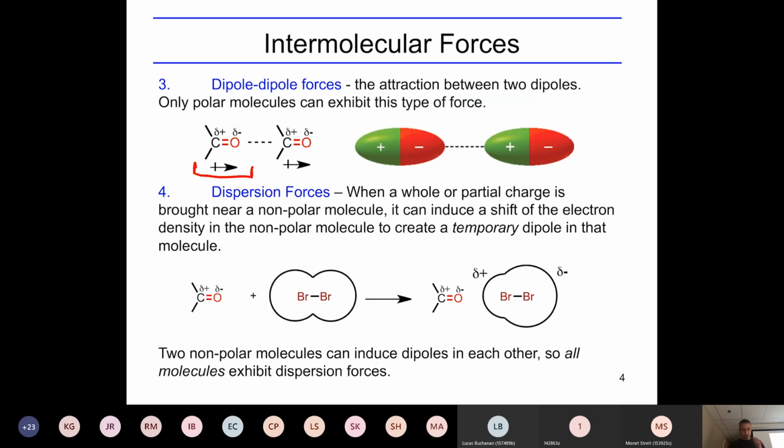Dispersion is the next one. Dispersion is when you have a dipole that's not permanent. When you have a nonpolar molecule, one that does not have a permanent dipole, you can think of the electrons as big squishy clouds. We talked about this a little bit in a previous class. Because they're squishy, they can be pushed around. Imagine this molecule of bromine, Br2.